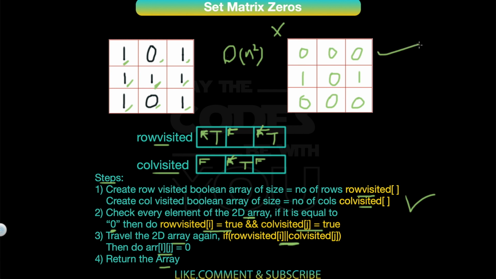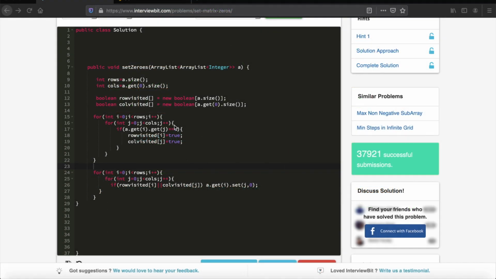So let's see the code. Here is our Java code. We have taken integers for rows and columns that contain the row size and column size. Then we are doing our step 1, which is creating two boolean arrays, row visited and column visited. Then step 2, which is checking every element, and if it is 0, then we turn row visited[i] and column visited[j] to true.